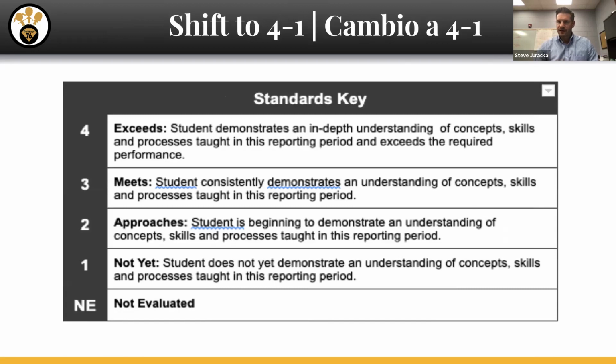But based on the standards that you just saw in mathematics, teachers will report out whether a child was able to receive a 4, which means to exceed the standards that we're seeking a child to master, or will receive a 3, which means a student will meet or demonstrate the understanding of the concepts or skills. Or if a child receives a 2, it means they're approaching or beginning to demonstrate an understanding of the skills and concepts taught in that reporting period. And if they receive a 1, that simply means not yet.